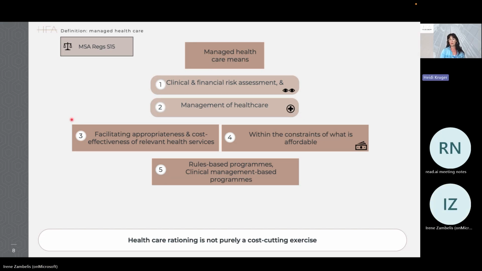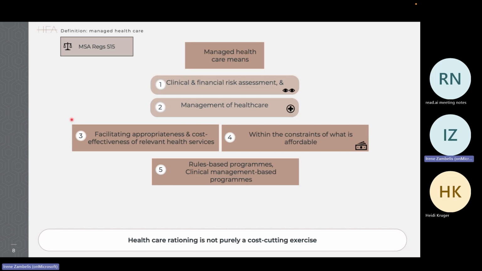It is important. The other important thing and the cornerstone of medical scheme governance is the Medical Schemes Act. And the Medical Schemes Act contains quite a lot about managed care. I wonder if you could take us through the relevant section that trustees are aware of what it contains. Heidi, you're so right.